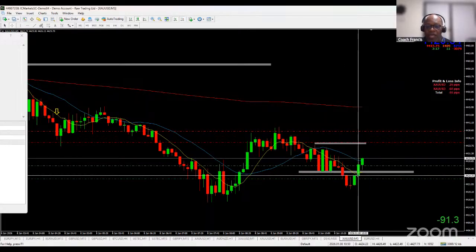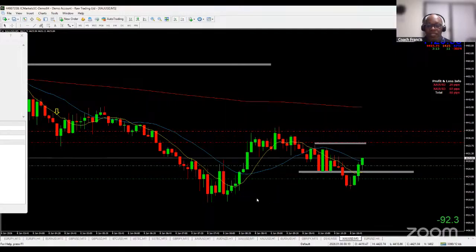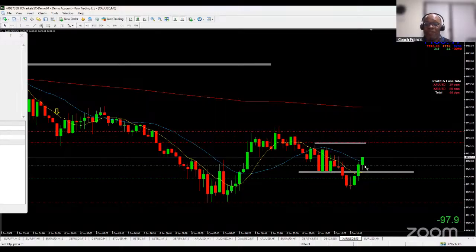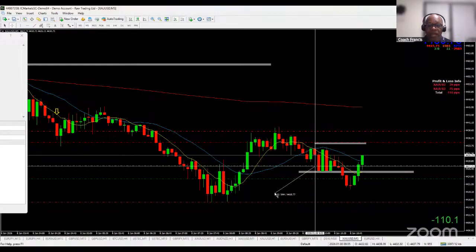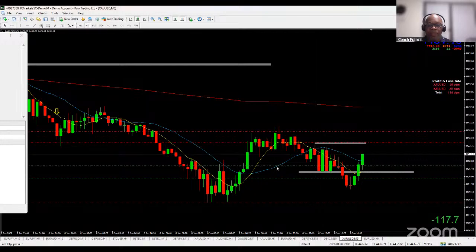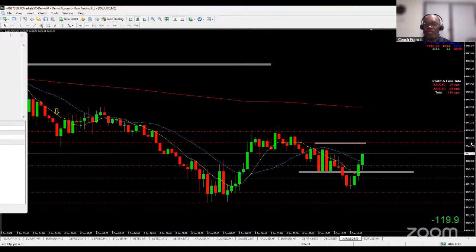So from here to here is about 90. The second entry, which is a better entry, we'll measure 90 pips from there, which is going to be somewhere here.